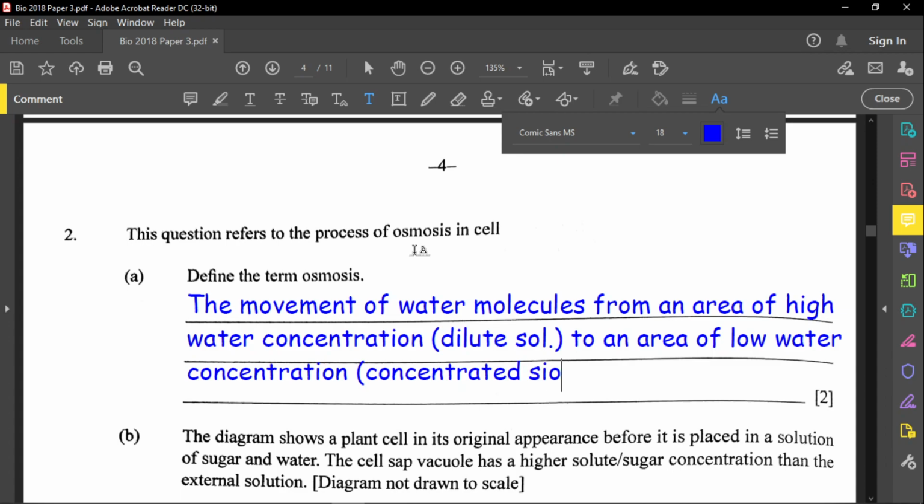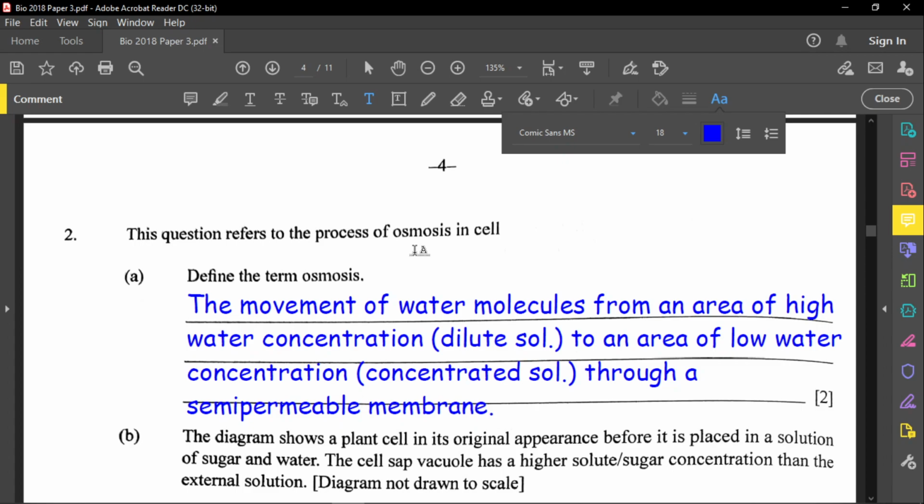So notice when I use the word concentration versus dilute, please, you know what I'm talking about. All right, so move it to an area of low water concentration, which means the solution itself is concentrated, and this must go through a semi-permeable membrane, okay? And so that's what osmosis is for 2 marks, okay?